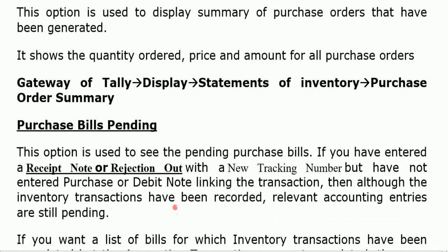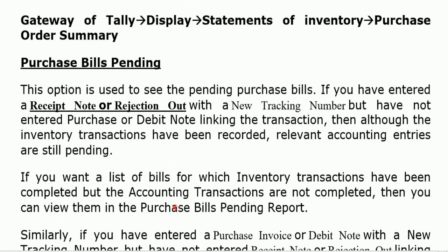Next is Purchase Bills Pending. If bills are pending, then only will it display the Purchase Bills Pending option. Bills are pending means if you have used the delivery note or receipt note concept in the inventory, then only it will display this option, Purchase Bills Pending or Sales Bills Pending.